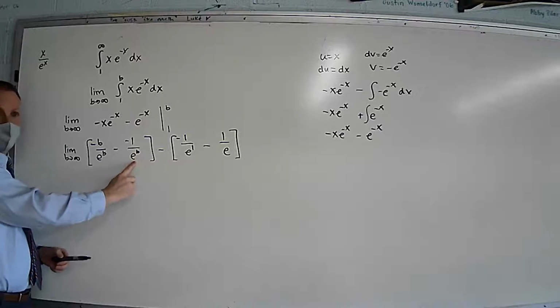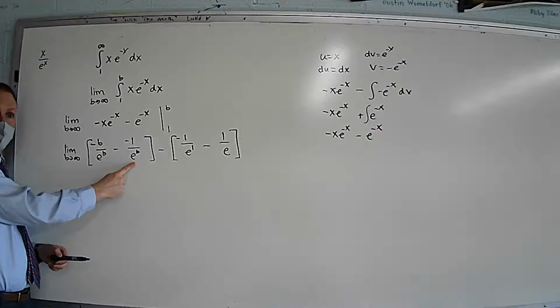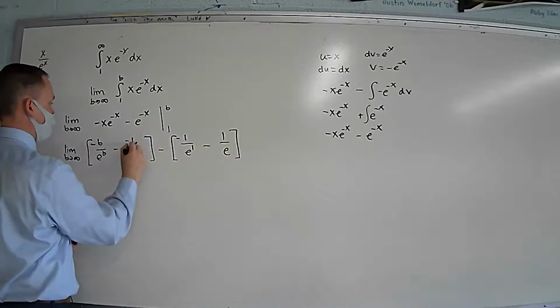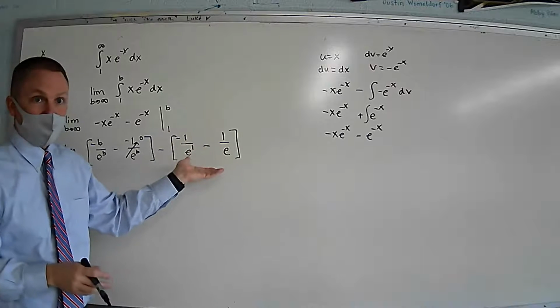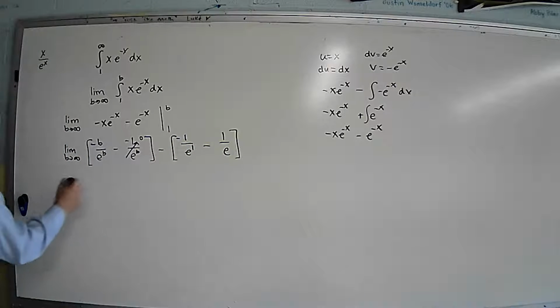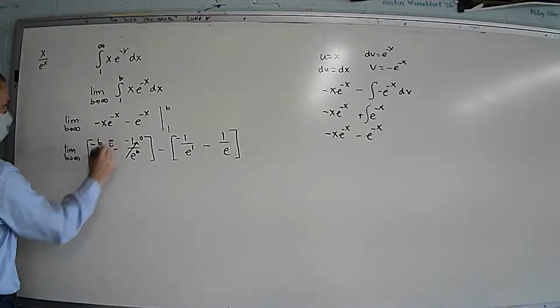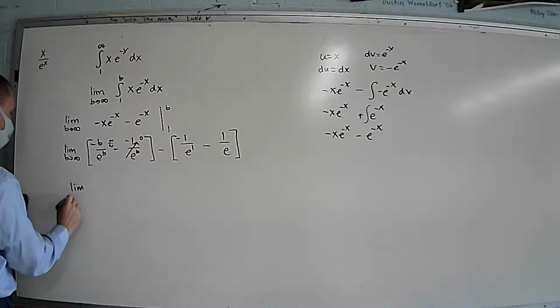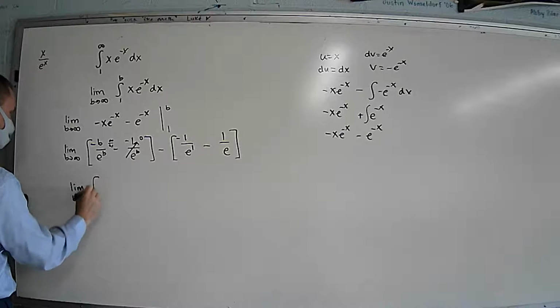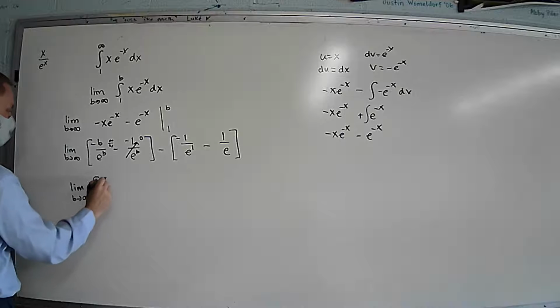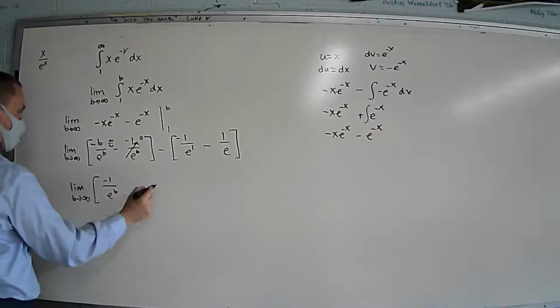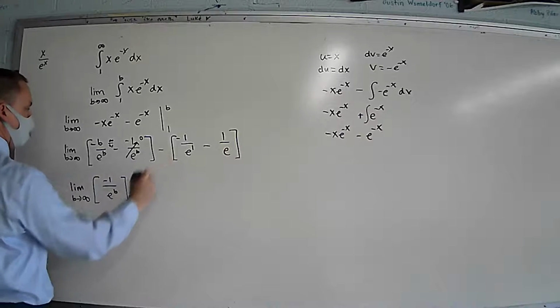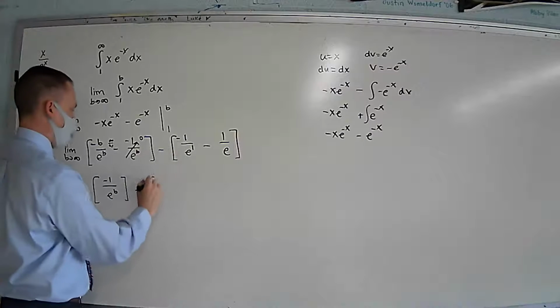What about this term right here as b goes to infinity? This goes to 0. So I'm going to go ahead and make that go to 0. These guys over here, they're just hanging out. They're just constants, right? So this is infinity over infinity, so we'll use L'Hopital's rule. Take the derivative of the top, -1. Take the derivative of the bottom, e to the b. And we'll go ahead and simplify this.